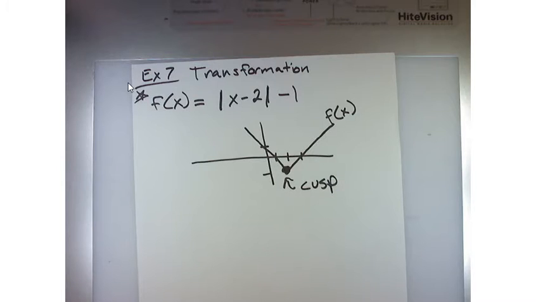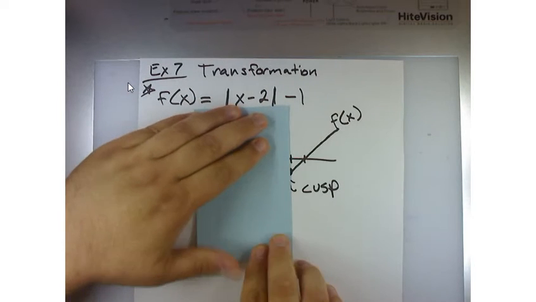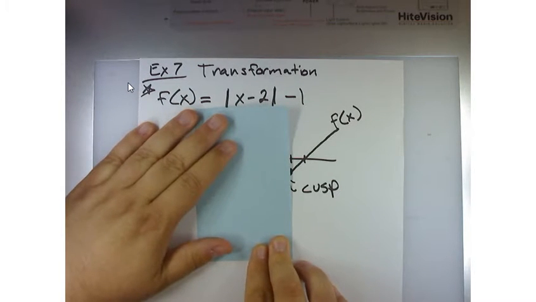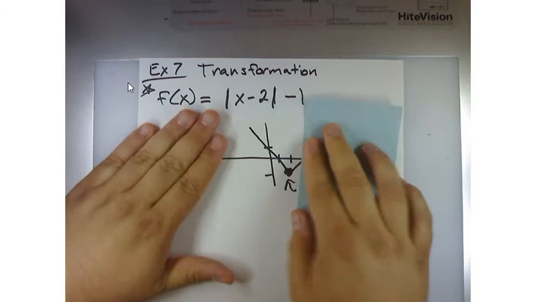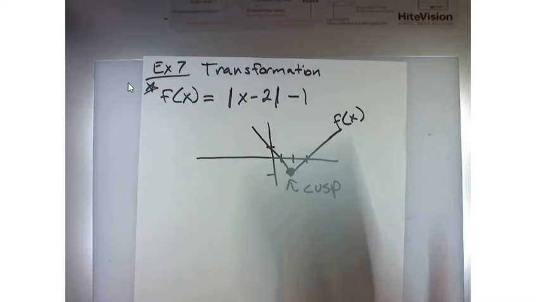So could I do that? Well, think of it like this. If I take this piece of paper, could I study that? Is that a function? Yeah. Could I study that? What about now? Could I study that? And if I study it in that way, I don't have to worry about the cusp, which by definition I can't really do any calculus on.